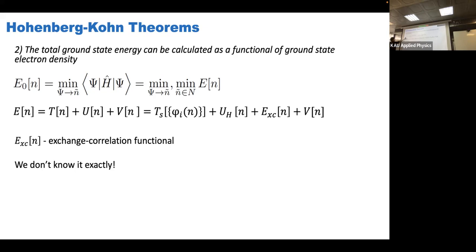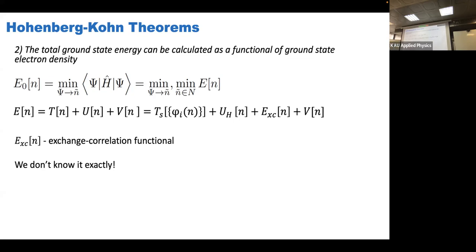Then we take this unique ground state electron density, substitute it into some energy functional, and we get the ground state energy. So this energy functional E from n will consist of three parts, the same as in Thomas-Fermi: kinetic energy part, Hartree part, and external potential part.